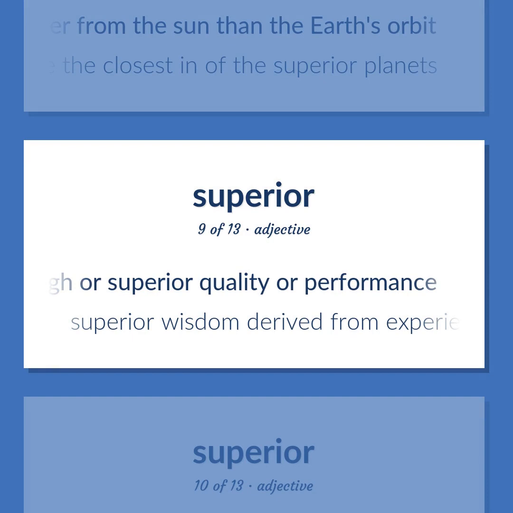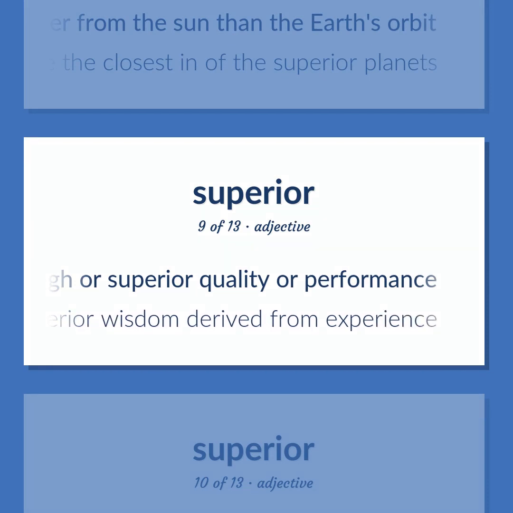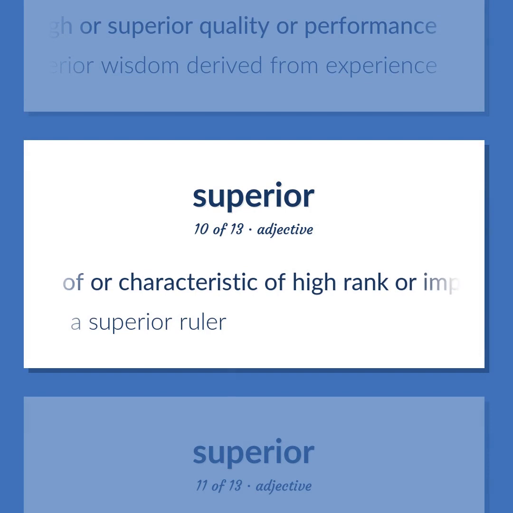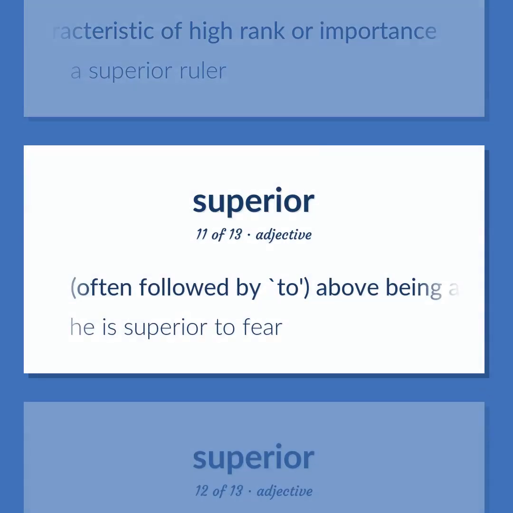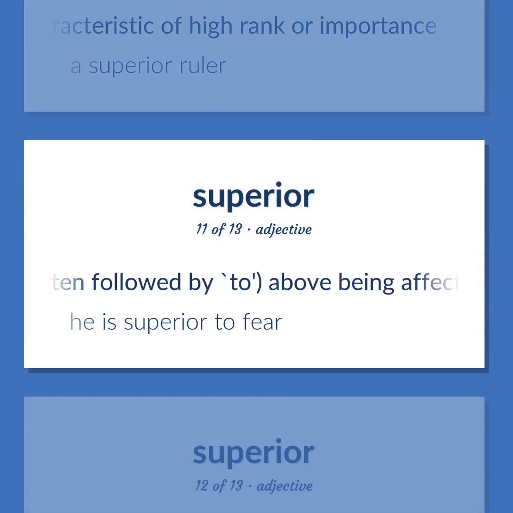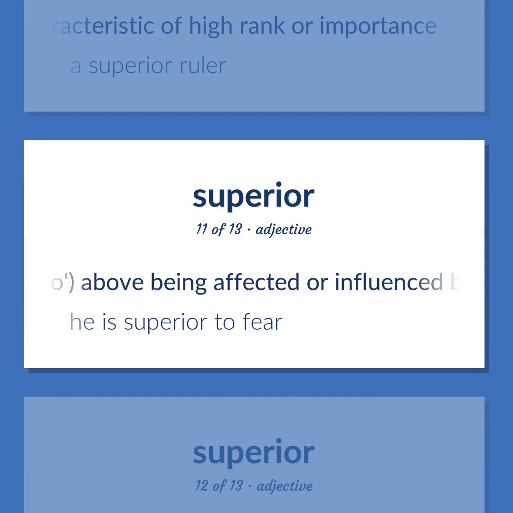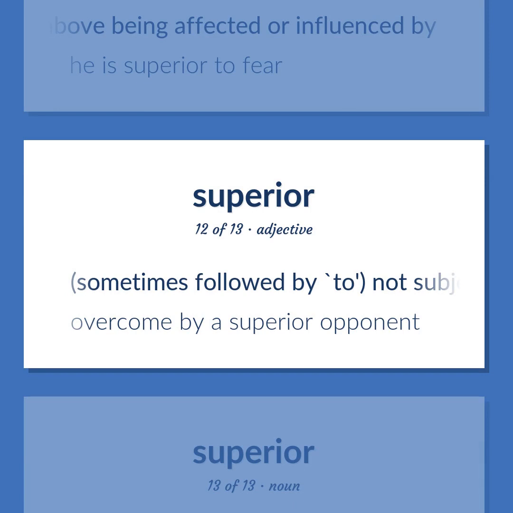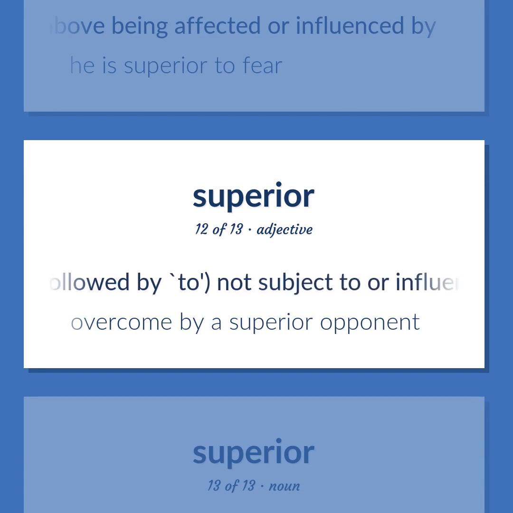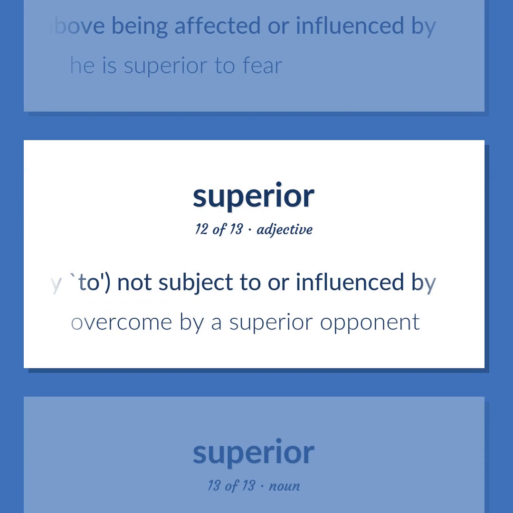Superior wisdom derived from experience. Of or characteristic of high rank or importance. A superior ruler. Often followed by to, above being affected or influenced by. He is superior to fear. Sometimes followed by to, not subject to or influenced by. Overcome by a superior opponent.